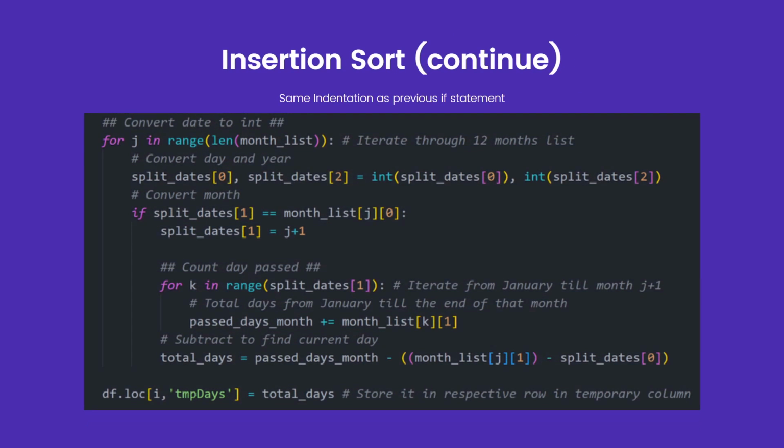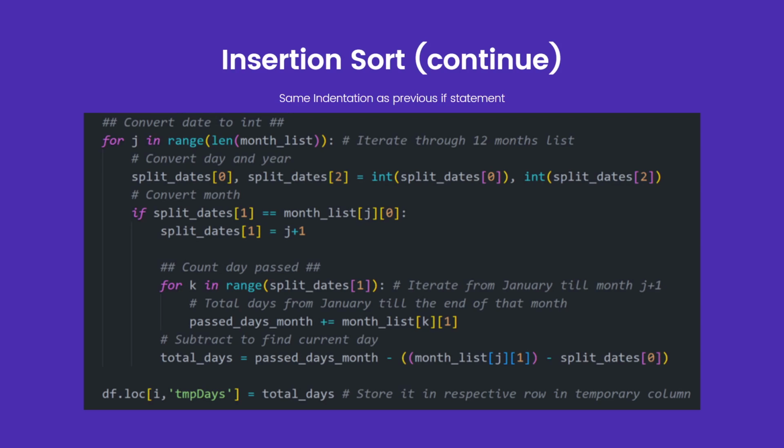Since the input is taken in as a string, we need to convert it into an integer. In the previous slide, we stored the split date in a list. We can simply access each variable using the index 0, 1, and 2. We can convert index 0 and 2, which are integers in string format, by using the int function.